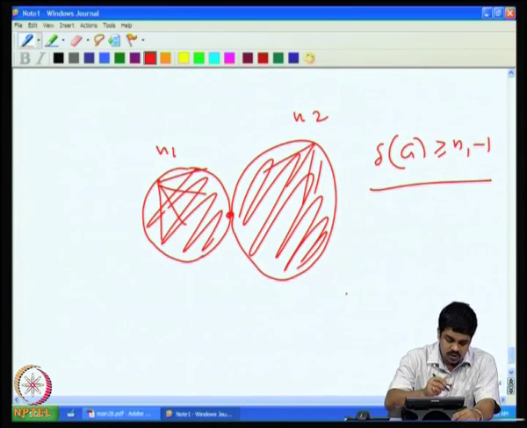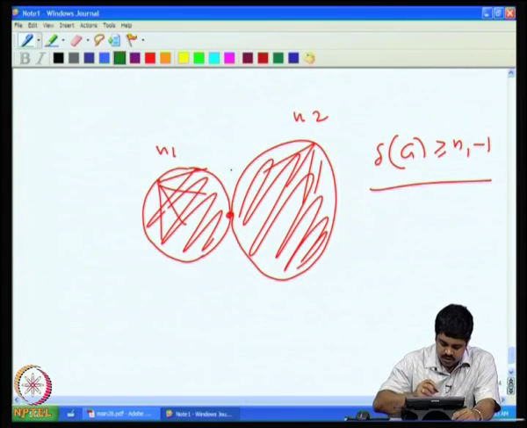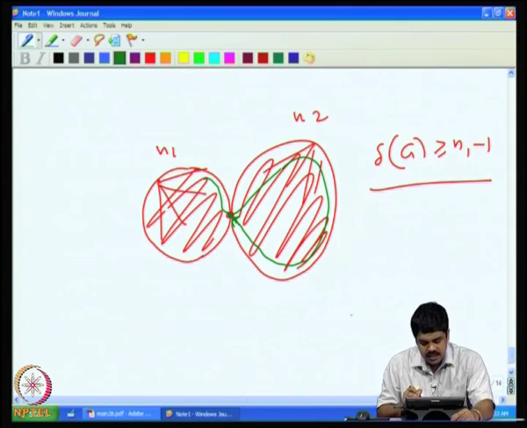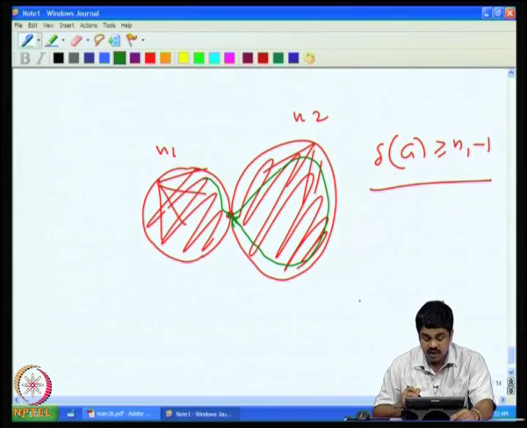Why is it so? Because at some point if you want to cover all the vertices, you have to cross from this side to this side, right. Then you cannot come back, because there is a cut vertex here. So, if there is a cut vertex, then we cannot have a Hamiltonian cycle, because 2-connectivity is a requirement to have a Hamiltonian circuit in the graph.